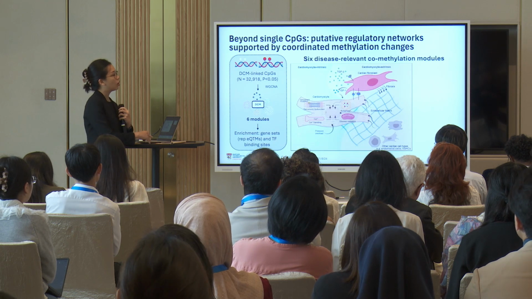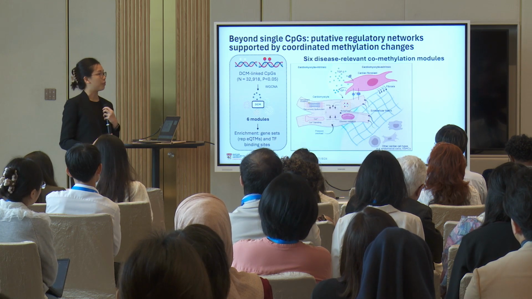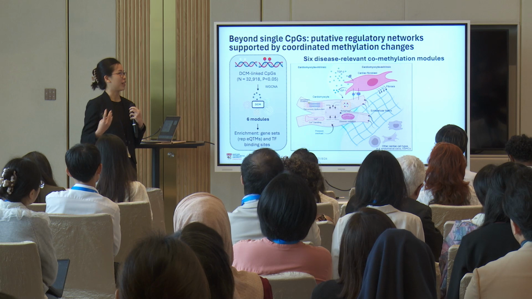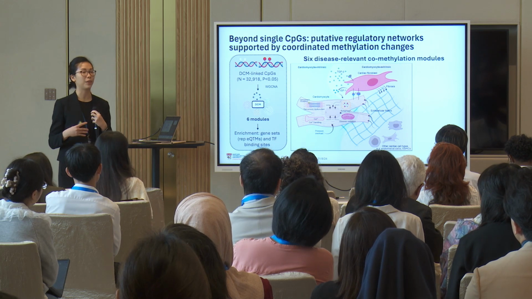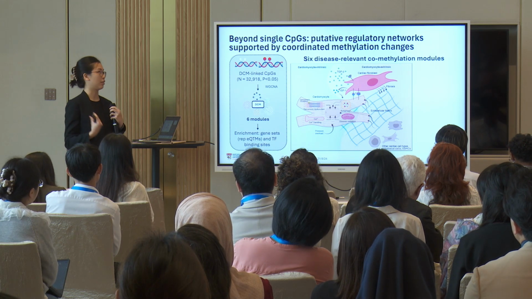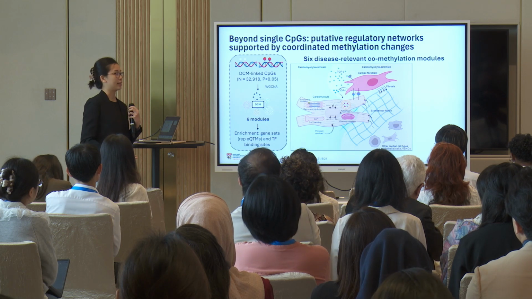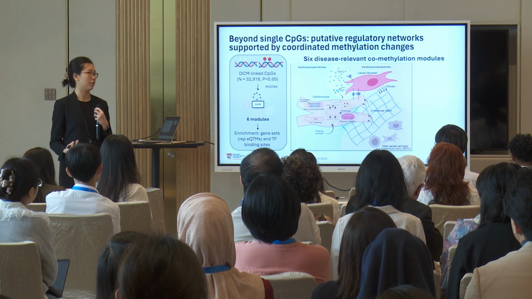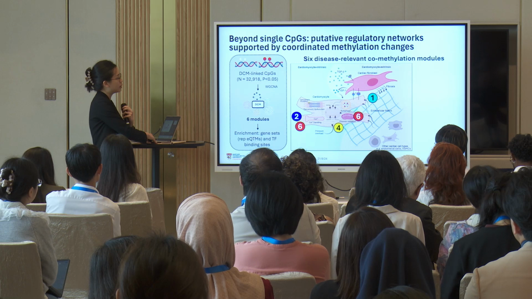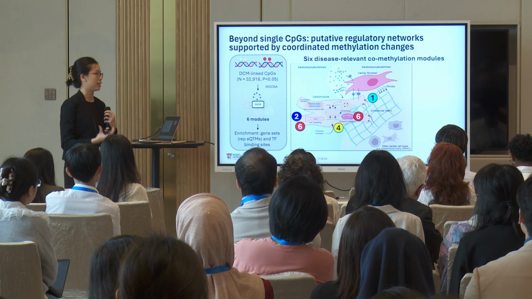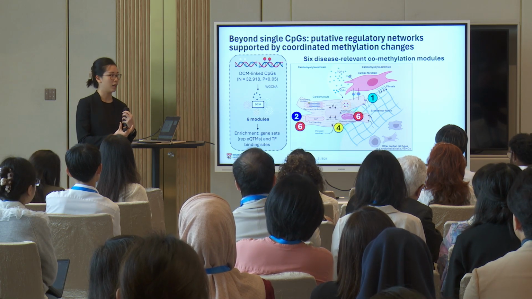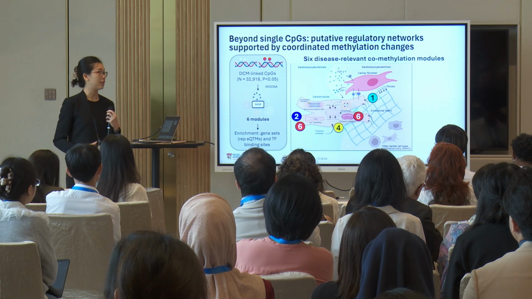The pathogenesis of DCM can broadly be conceptualized as cardiomyocyte intrinsic, which happens within the main cells of the heart, or involving other cardiac cells like fibroblasts or immune cells. What we found is that certain modules were enriched in specific aspects of DCM pathogenesis.